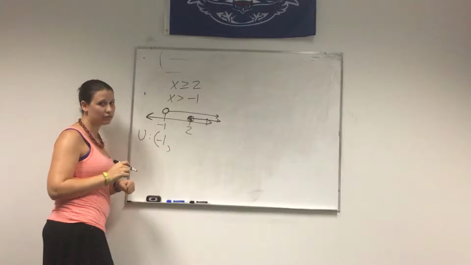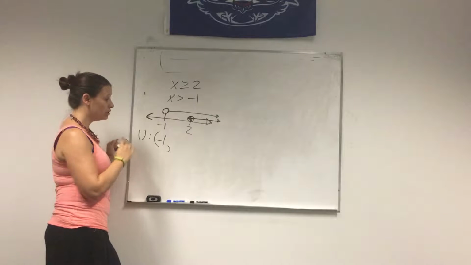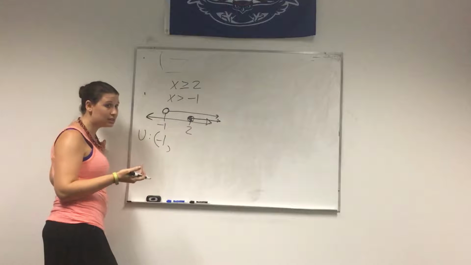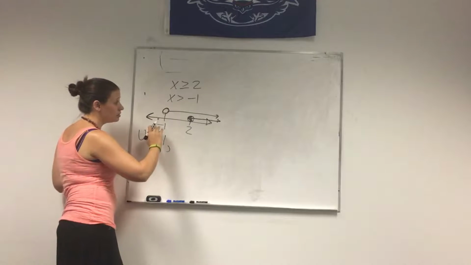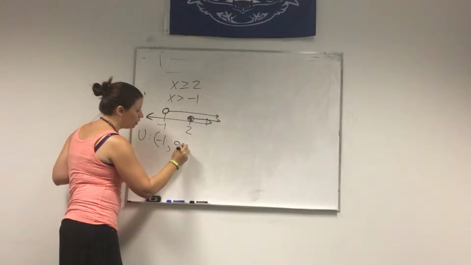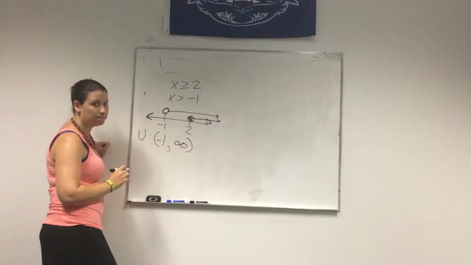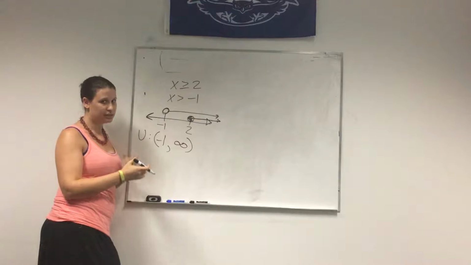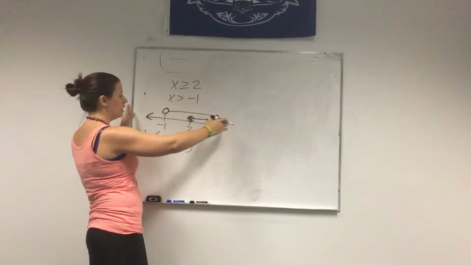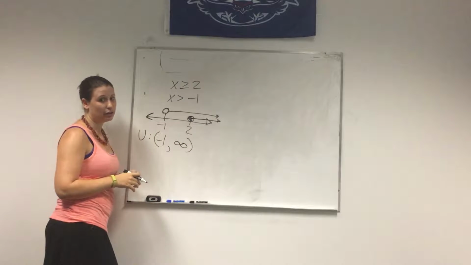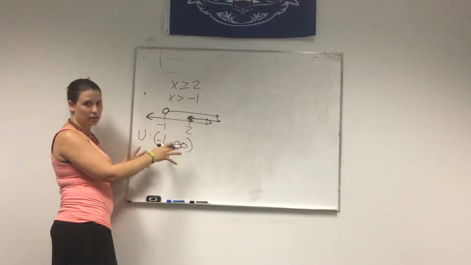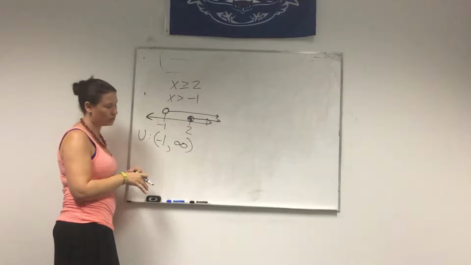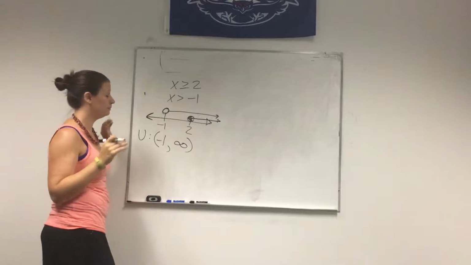Is 5 greater than -1? Yes. So that means we could keep going and picking bigger and bigger numbers, and they'd still be in the set. So that means we go on forever, all the way to positive infinity. The union should always be the bigger of the sets, okay? Kind of the most you can get from them. And how I'm saying it is only good when they overlap like this, okay? We'll look at one where they're different.